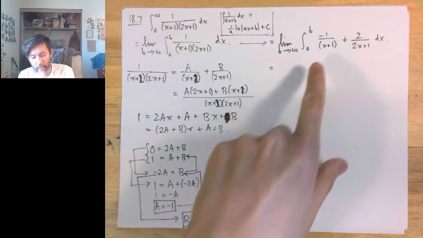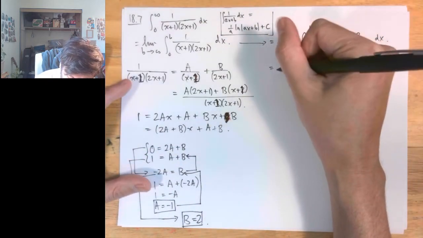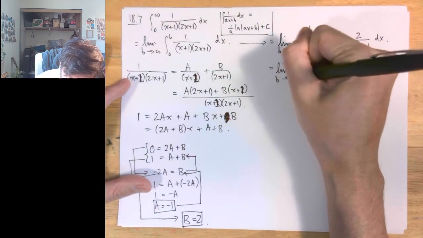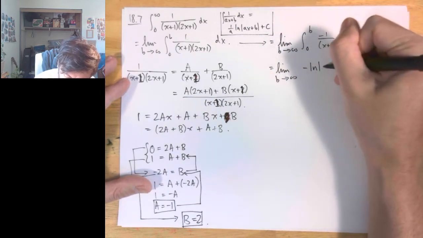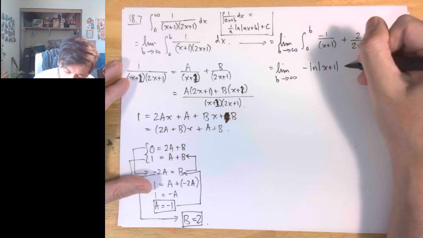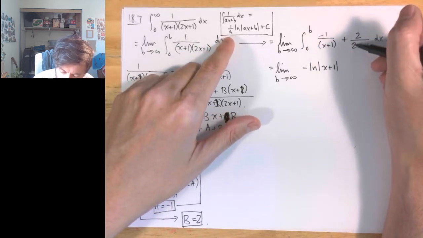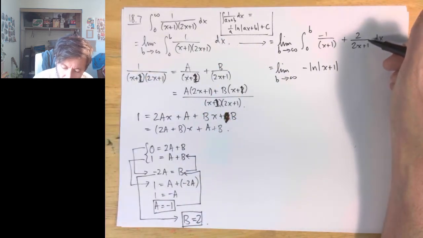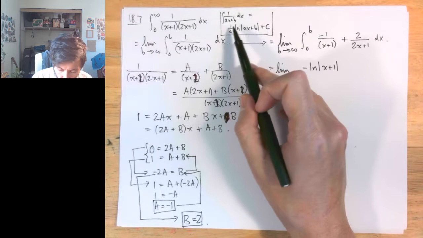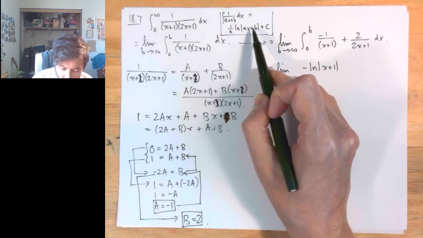Well, if we bring that to bear on this problem here, what we learn is that this is equal to, so the limit stays, the limit as b goes to infinity. What we get is negative natural log of the absolute value of x plus 1. And then on this side, okay, so what's playing the role of a here is this 2, right? And what's playing the role of the b is 1. But so we're going to have a 1 over 2 times the natural log of the absolute value of ax plus b plus c.